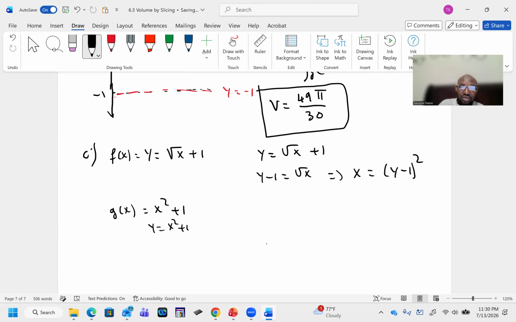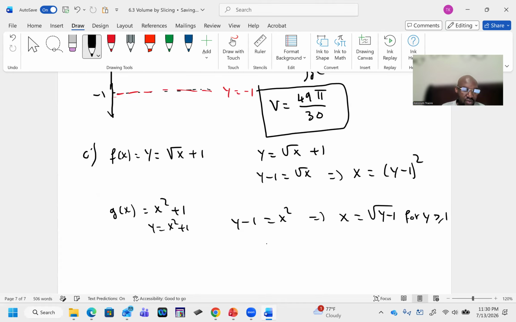We minus 1 both sides, we will have y minus 1 is equal to x squared. X will be equal to square root of y minus 1, of course, for y greater than or equal to 1. If y was less than 0, then we will have a minus here, okay?